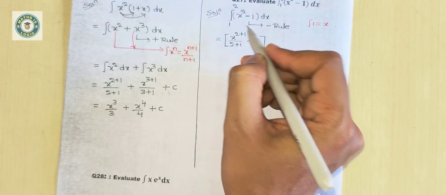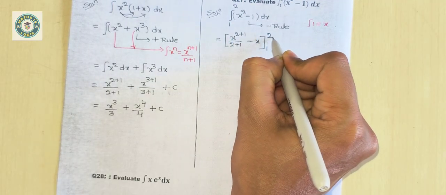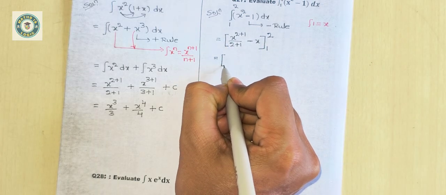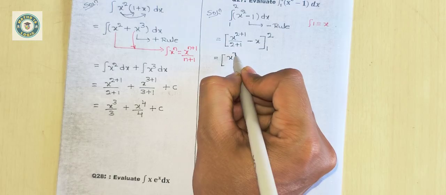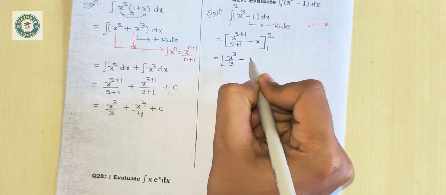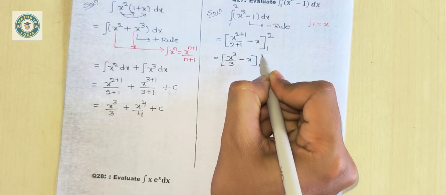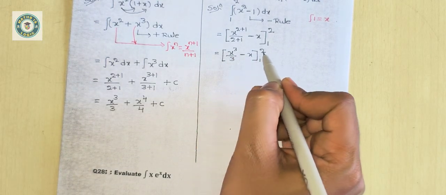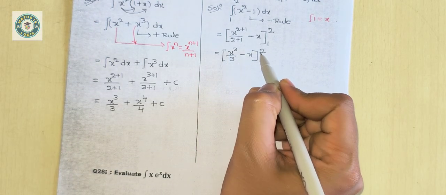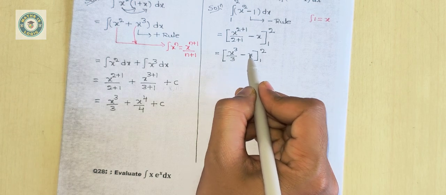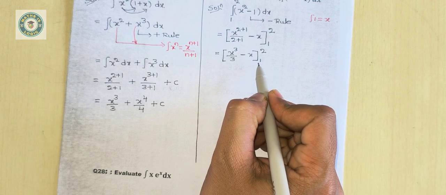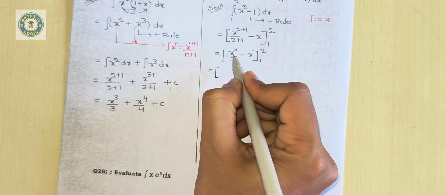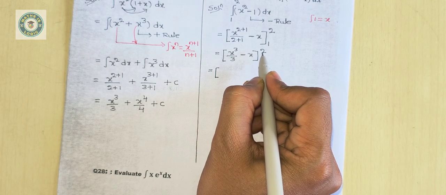After doing integration, here you have to mention the lower limit and the upper limit. Next simplify. It is x to the power 2 plus 1, 3, divided by 3, minus x, from 1 to 2. In the next step, wherever x comes, first we need to substitute the upper limit, middle minus sign, then wherever x comes we need to substitute the lower limit. That is the rule. First, in place of x, the upper limit, which is 2.